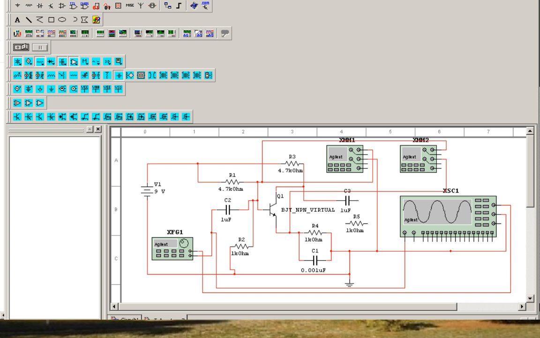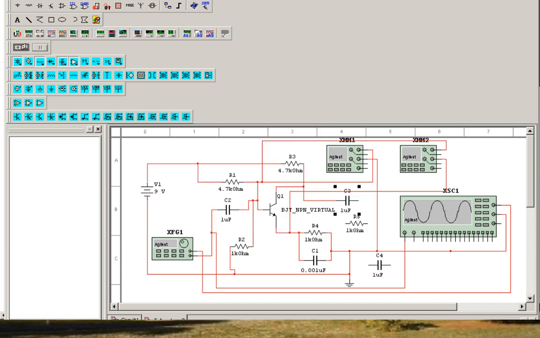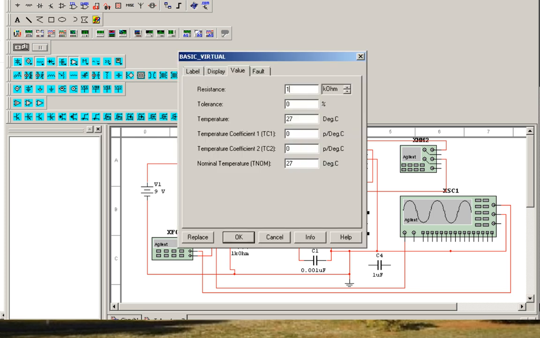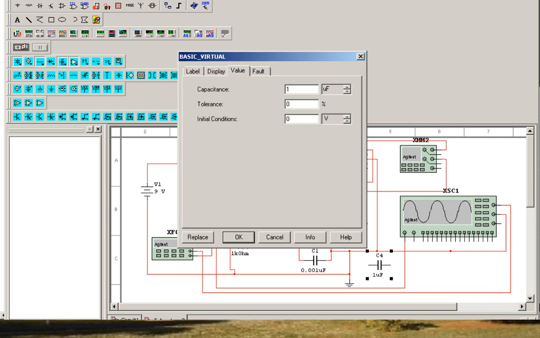And another capacitor. This will be 10 microfarads. This will be 10K. And we'll do 16 nanofarads.